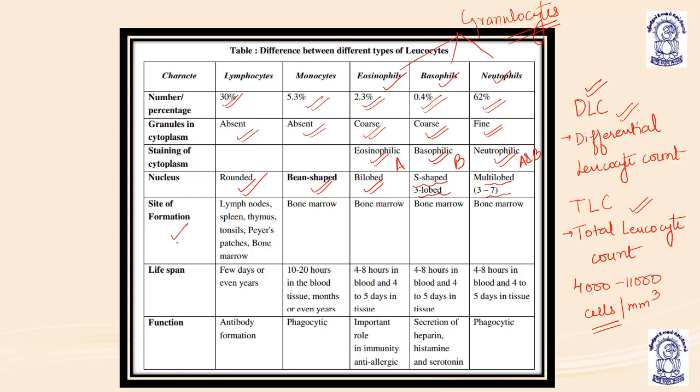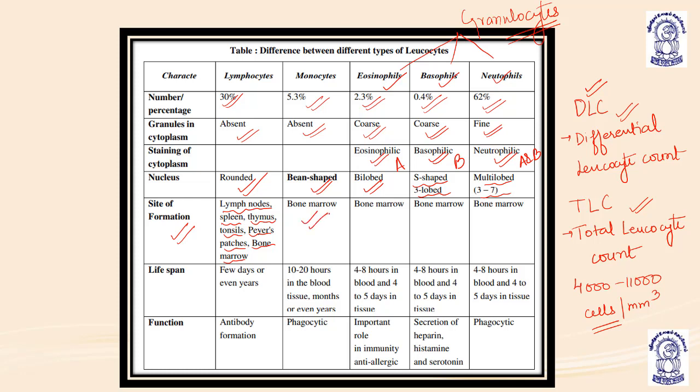Site of formation. In lymphocytes, the site of formation is lymph nodes, spleen, thymus, tonsils, Peyer's patches, and bone marrow. Understood? Monocytes, the site of formation is bone marrow.